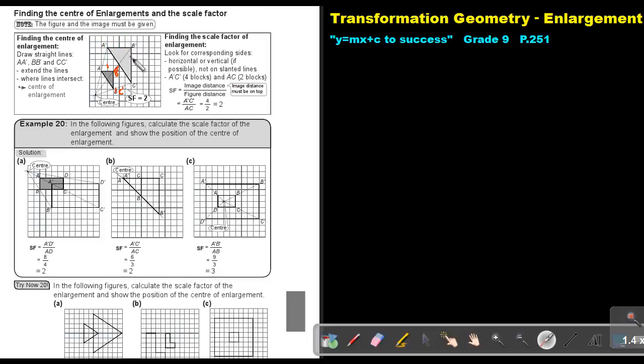I'm looking at A dash C dash, 4 blocks, and A and C. Let me see if this can be 4. 1, 2. Yes, it's B. I'm going to correct this here also. So it's going to be A dash B dash, and AB.